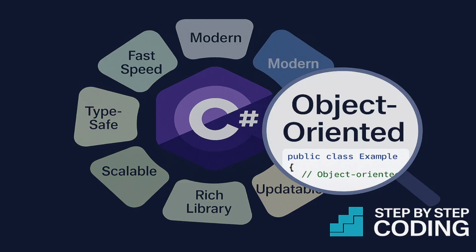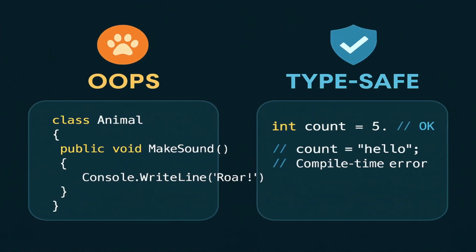Now, coming back to another thing, which is type safety. C Sharp is a type safe language. What it actually means is that it is strongly typed. Every variable and object must have a defined type. And it means the compiler strictly checks for type compatibility when you write the code, and it gives an error.